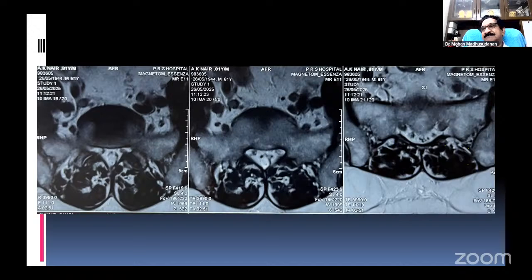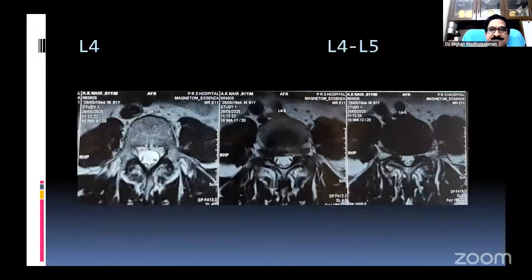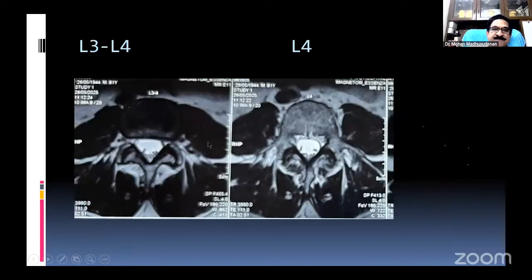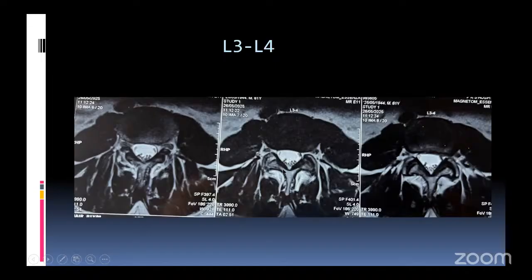What do you want now? Is there any clumping of the roots, sir? Clumping is not there. See, they're all separate. The roots are quite separate. No clumping. It's all separate. But in L5S1, there is some sort of intensity, sir, inside.